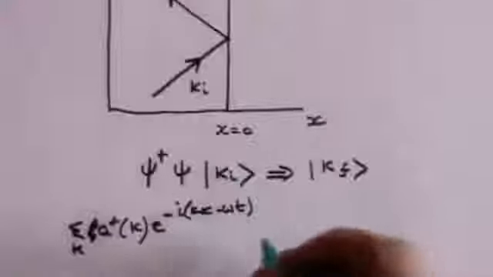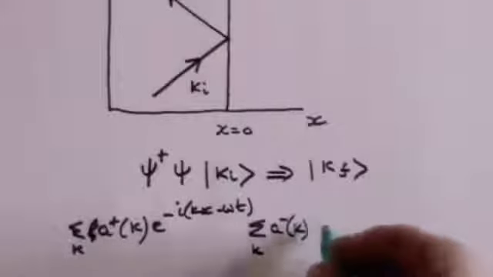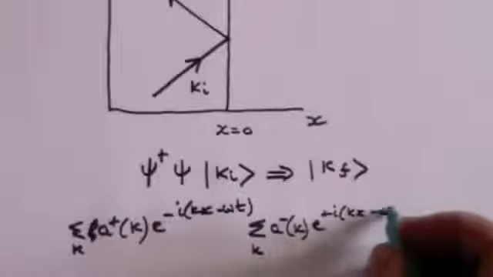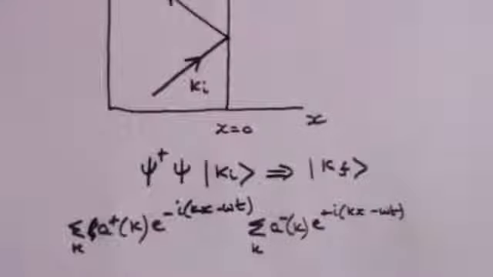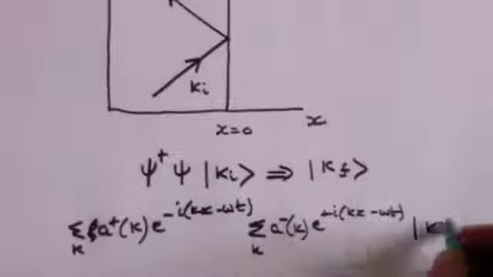And this psi will be the sum over k of a minus k e to the plus i(kx minus omega t). And that will all act on the state Ki.